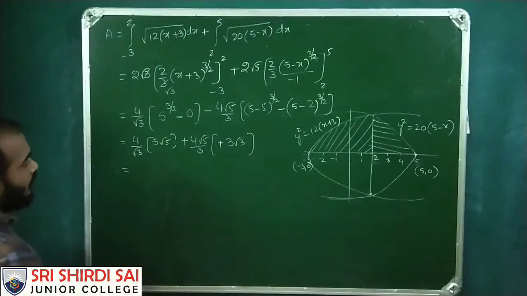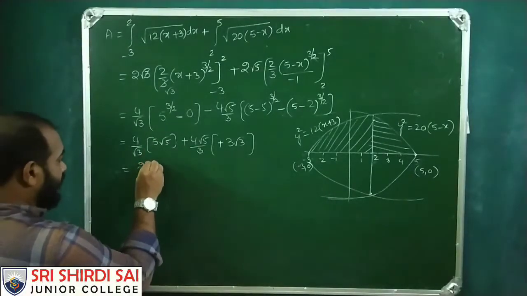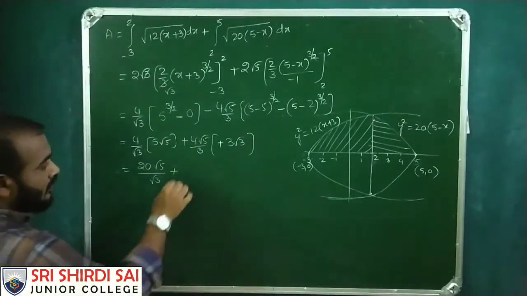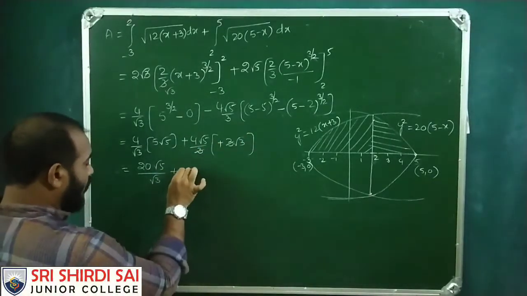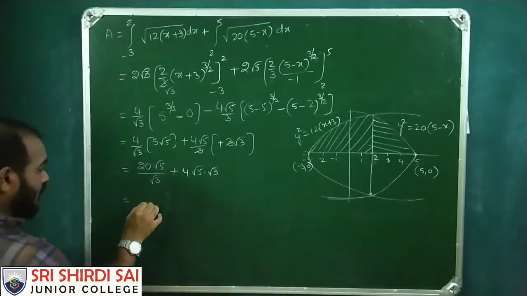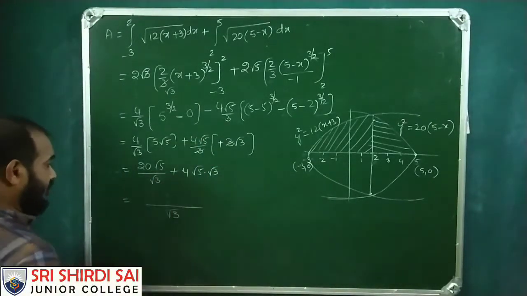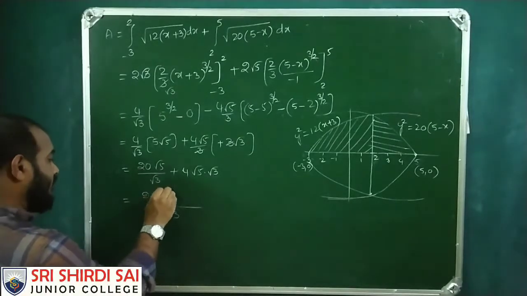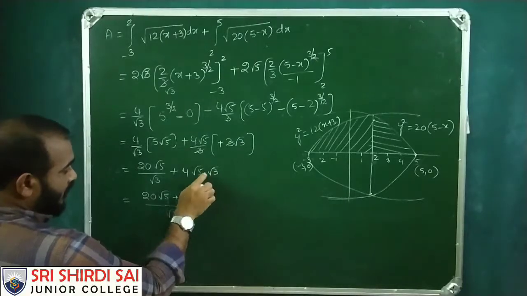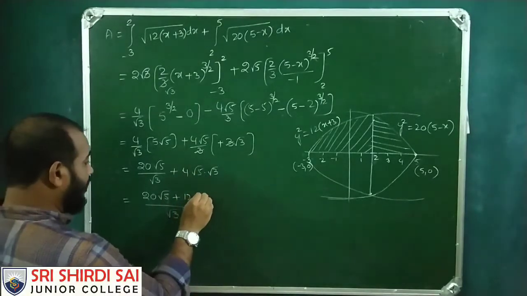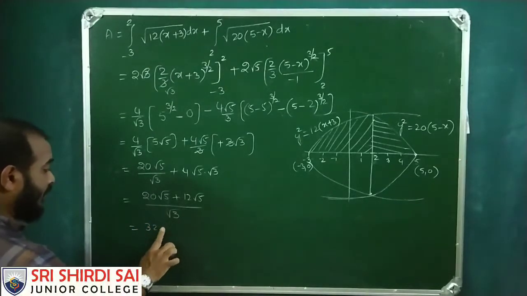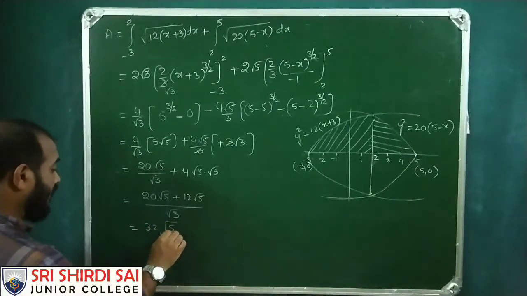This equals 4 5s are 20 root 5 by root 3, plus 3 gets cancelled, so 4 into root 5 into root 3. Root 3 is the LCM here, so 20 root 5 plus root 3 into root 3, 3 4s are 12 into root 5, 12 root 5. This is equal to 32 root 5 by 3.